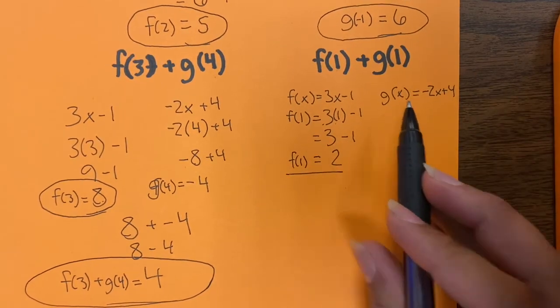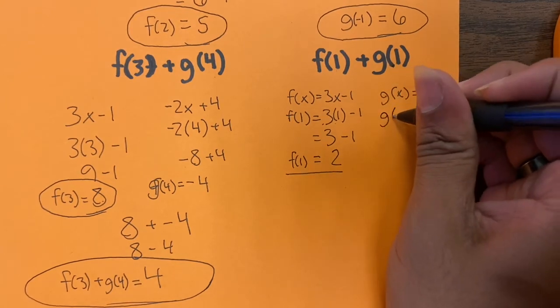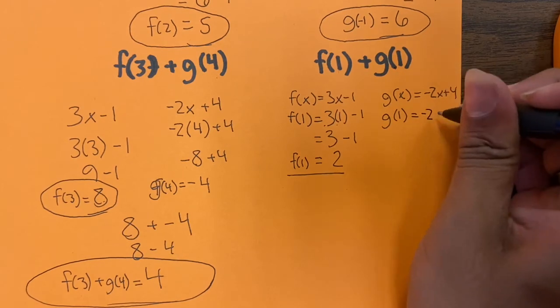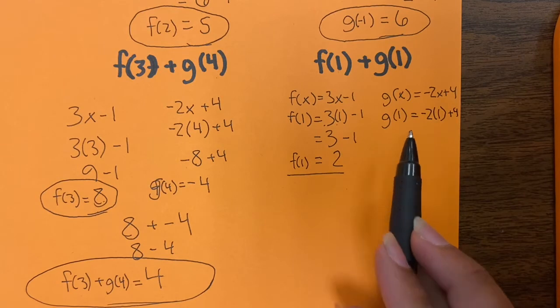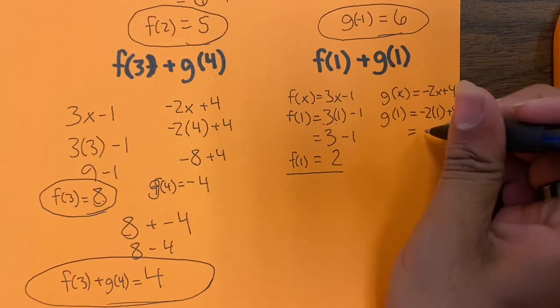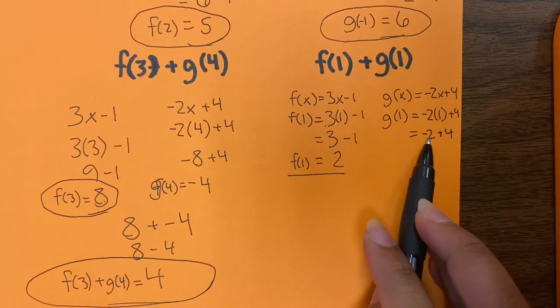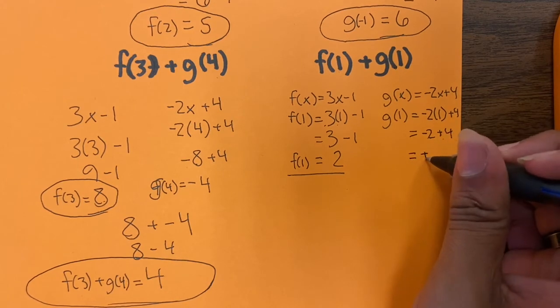Now I have g of x. It wants me to also use 1. So it wants me to plug in 1 wherever I see an x. So I have negative 2 times 1 plus 4. So negative 2 times positive 1 is going to give me negative 2, and then I add 4. Negative 2 plus 4 is going to give me positive 2.